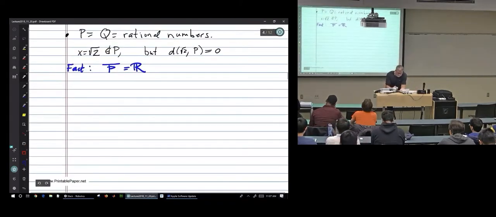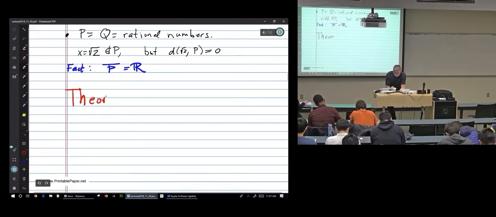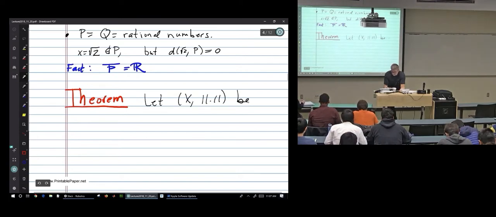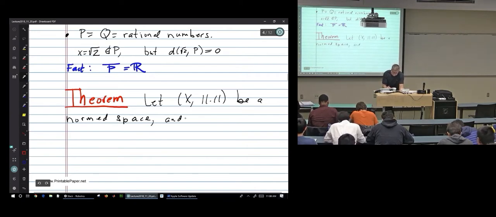Okay, so here's our big theorem for right now. Theorem. Let X be a normed space and P contained in X a subset.